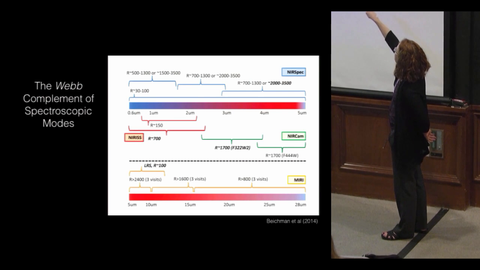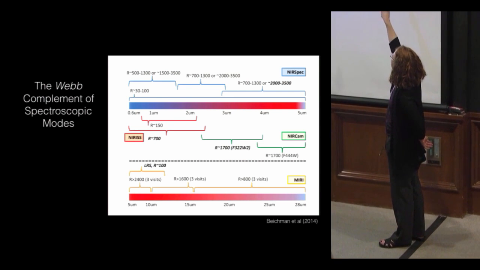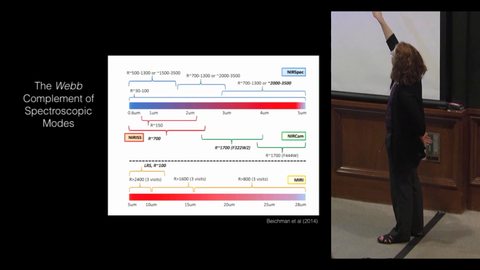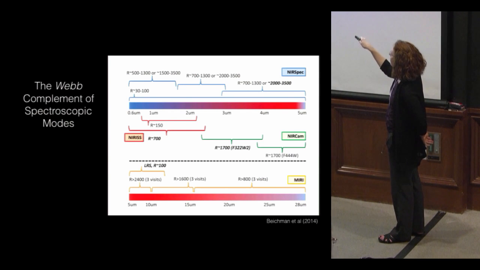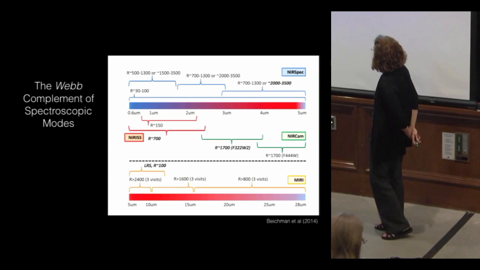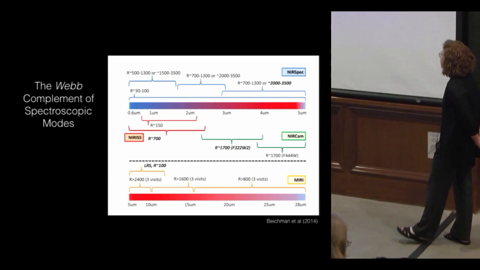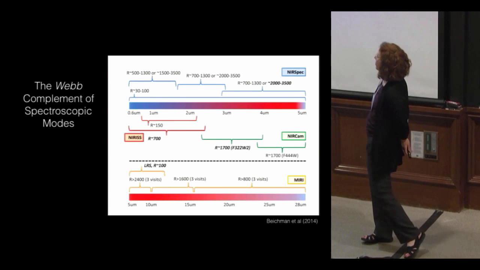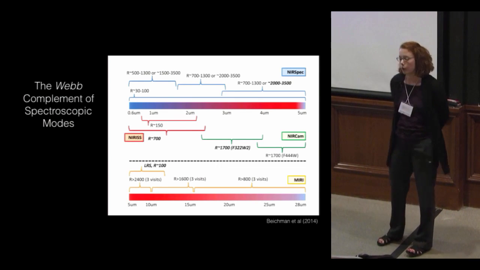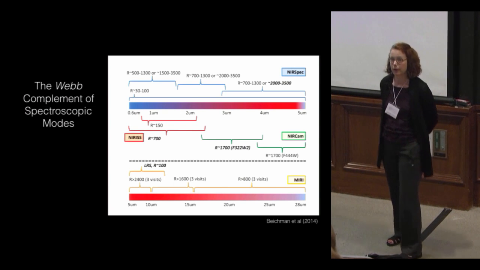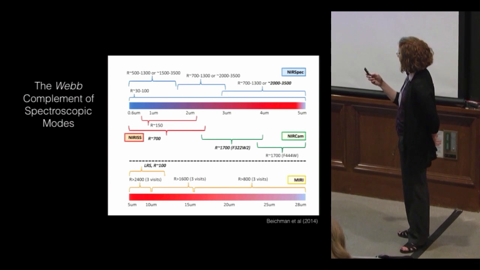NIRSpec covers this whole 0.6 to 5 micron range using a variety of high resolution settings, and NIRCam, so 3 instruments in the near infrared, and then MIRI is the one that gives us the 5 to 28 microns. I'm going to focus on what's called the low resolution spectrograph, or the LRS, with MIRI, because this is the one that's actually been made to operate in a slitless mode, and will probably be the workhorse of transit studies at those wavelengths.